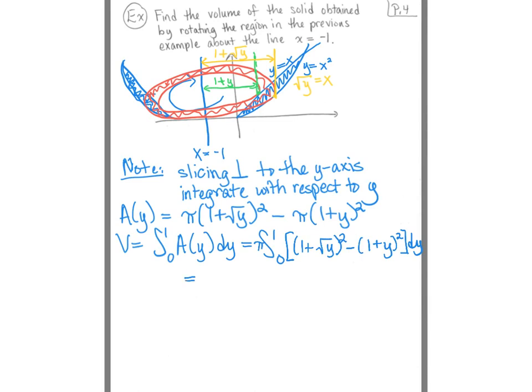You get pi times the integral from 0 to 1. You might want to take a minute if you need to. I'm just going to give you the simplified version.